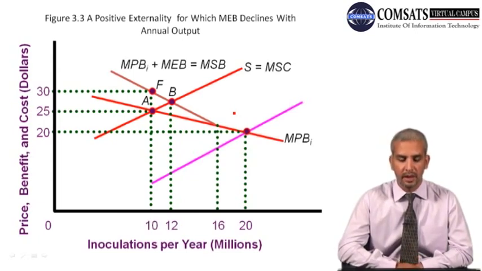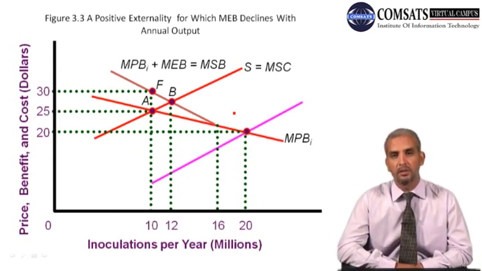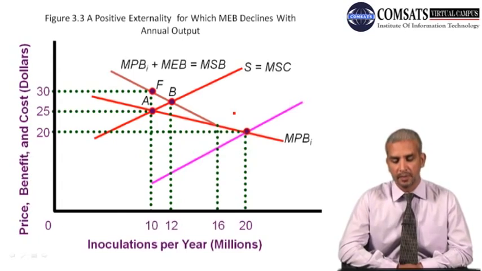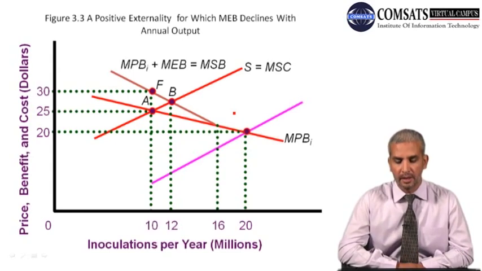So instead of trying to internalize it, if we increase the quantity being produced to 16 million injections or 20 million injections, we do not need to incorporate it, so only the supply curve needs to be shifted towards the right. The new marginal social cost curve would be intersecting at 20 million injections per year.